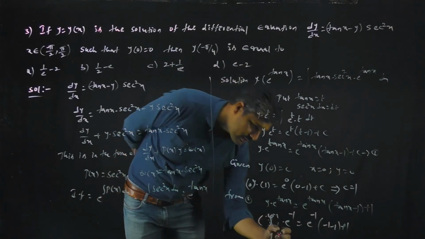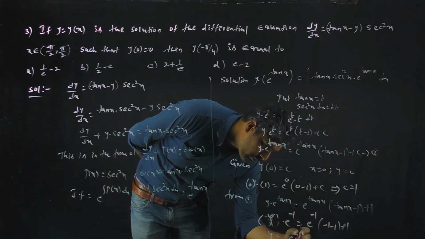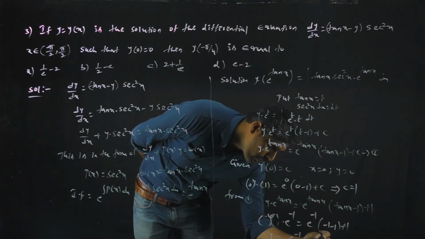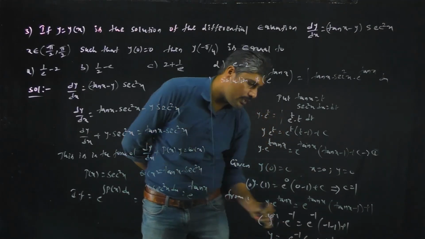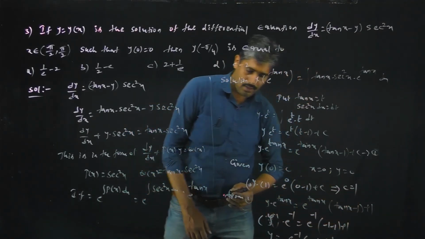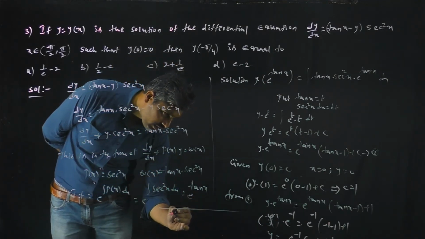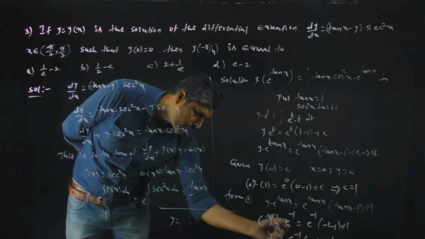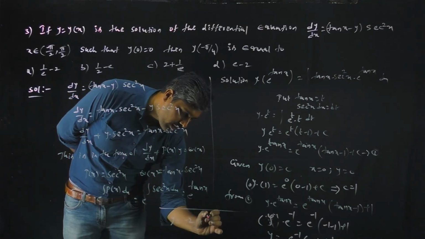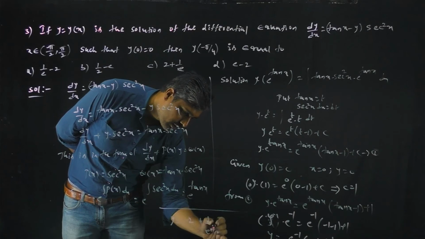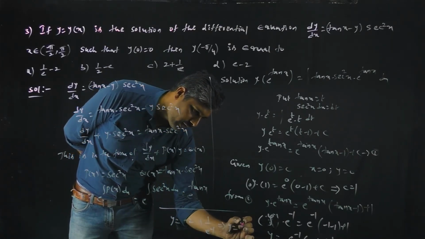Okay. That is e power minus 1 into minus 2, plus 1, divided by e power minus 1. Then separating, we get this solution: y equal to, here e power minus 1 is cancelled, minus 2 plus 1 by e power minus 1, that is y equal to minus 2 plus e.